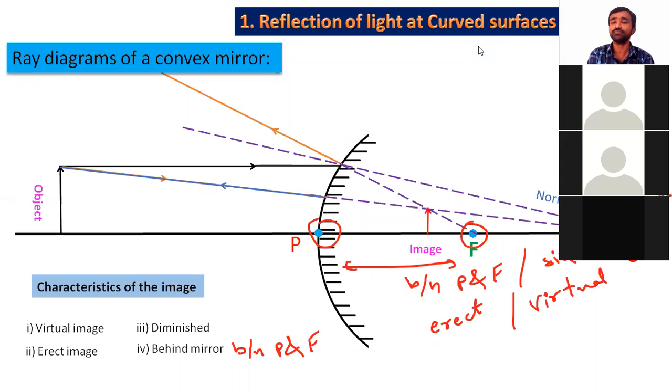Why? So the longest possibility, very far distance, is infinity. Very far is infinity. Minimum distance is what? That is very close in front of the mirror. Right? Very close in front of the mirror.